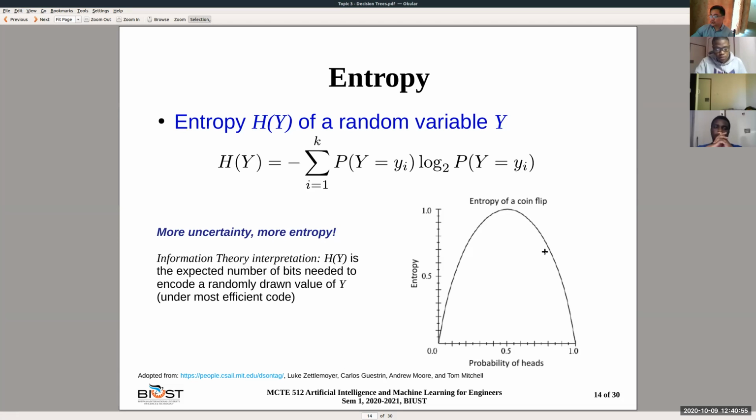So what we want to do is avoid this uncertainty. We want to be in this area where you are certain that you're getting a tail, or this area where you are certain that you are getting a head. So what this entropy method tells us is that we want to deal first with those cases with higher entropy, with higher uncertainty, so that as we go towards the branches, towards the different layers, the uncertainty decreases until we come out with the final decision of yes or no, for example, or good or bad.